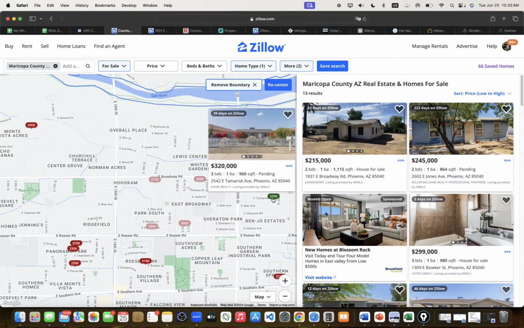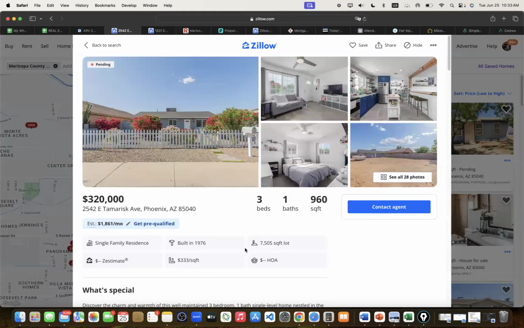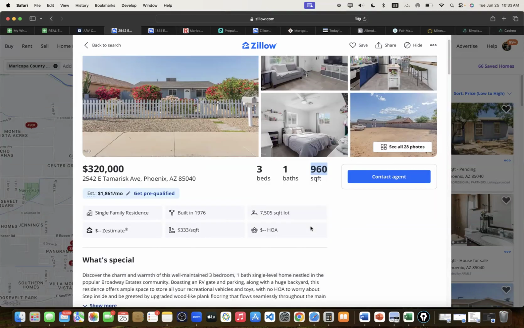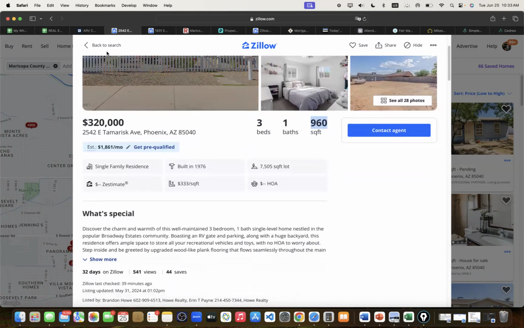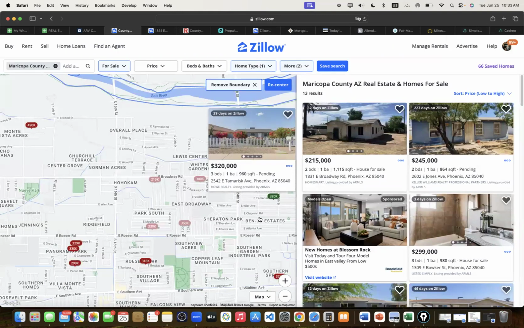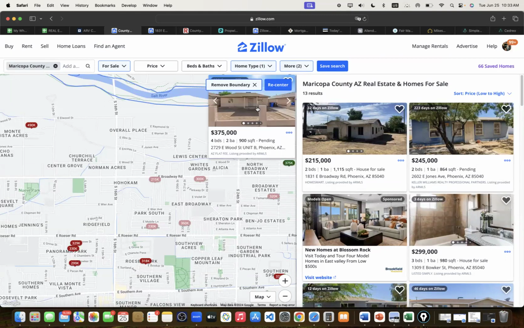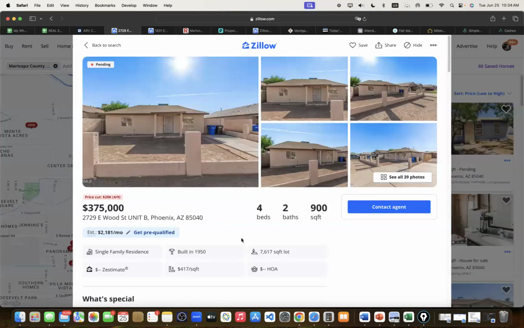I think it was this one. This one is pending at the moment. 320, 960 square footage. This looks like a family-owned property. This was selling for 333. It's been listed for 30 days, so it's been sitting for a while. This one, 900, four bedroom.